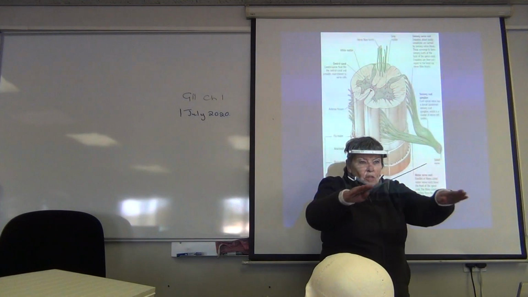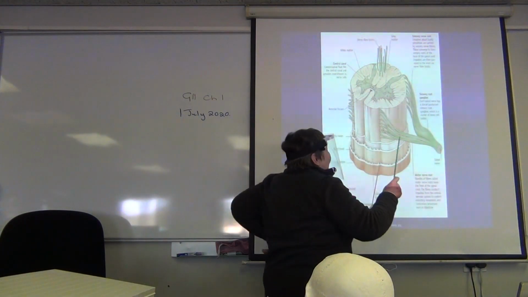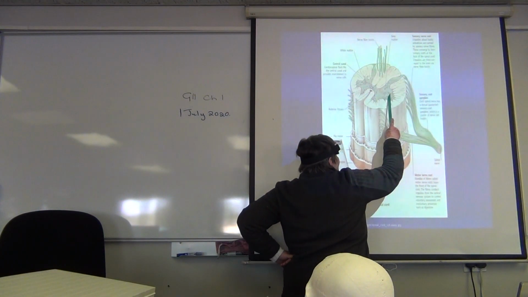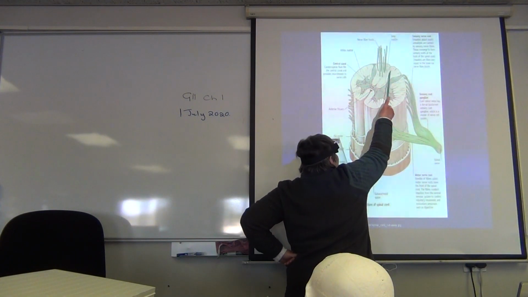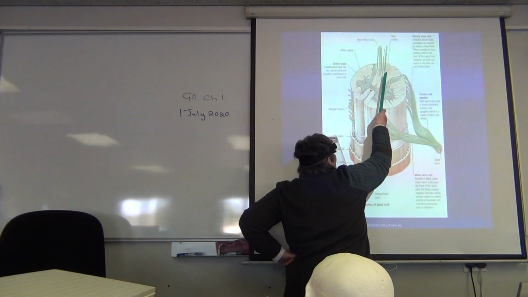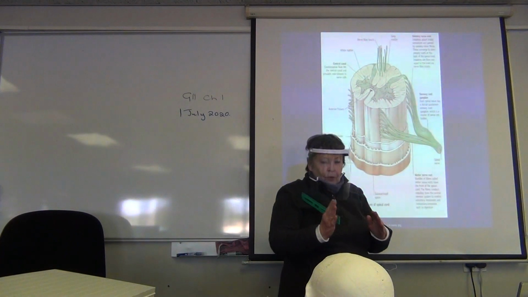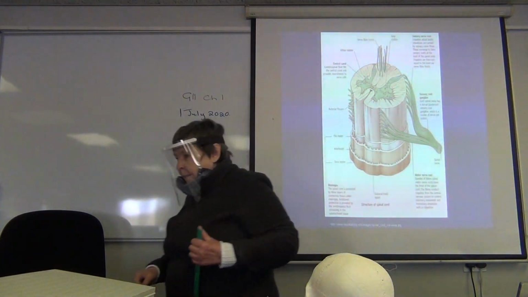So those are the neurons that lie on this plane. And because, therefore, there are lots of cell bodies here, that is grey matter. And then this white matter is the axons of neurons which are transmitting impulses up towards the brain and transmitting impulses down from the brain.